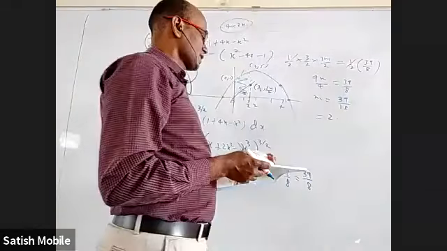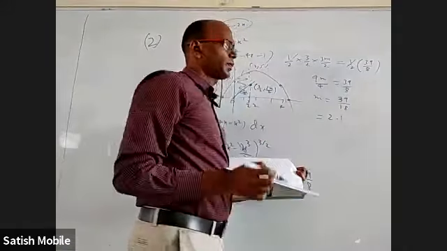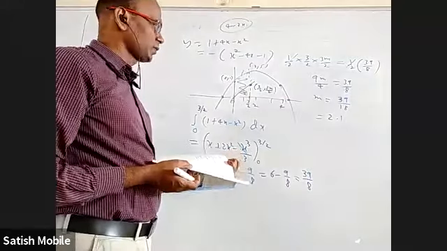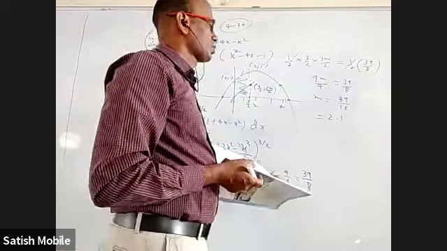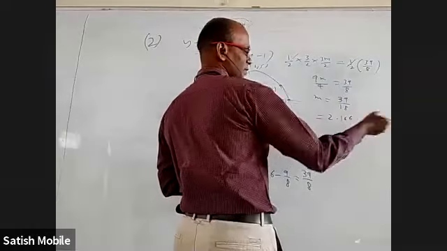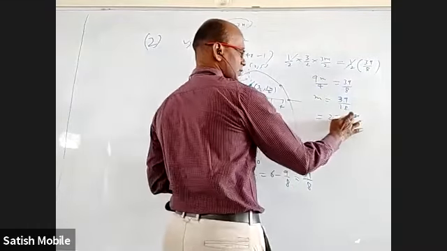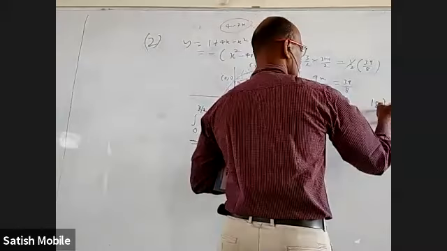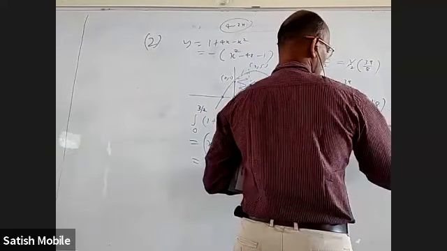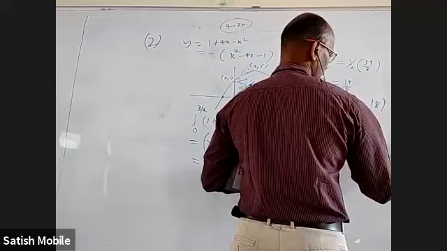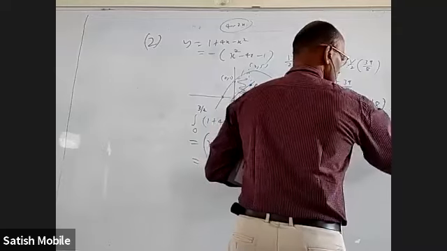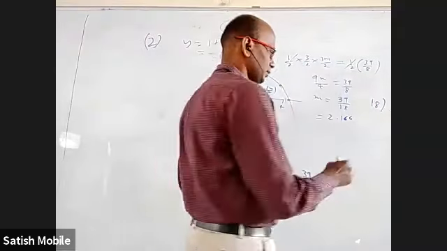Okay, 18 2s are 36, 30 is left. 18 1s are 18, 12 will be left, 120. 18 6s are how much? 108.